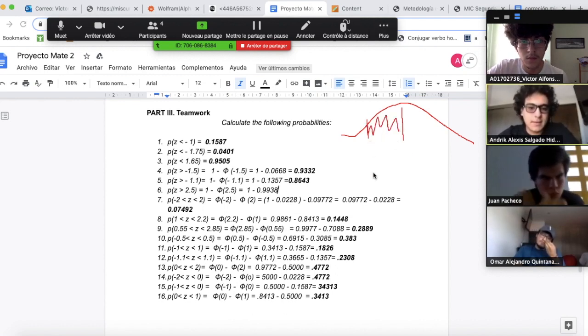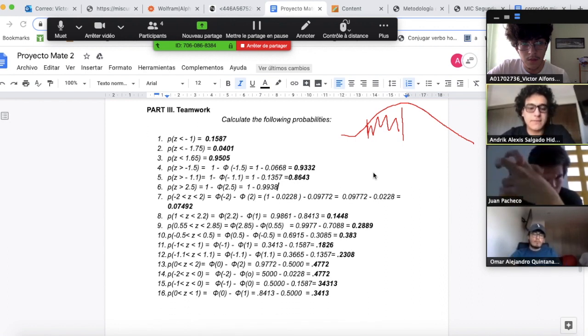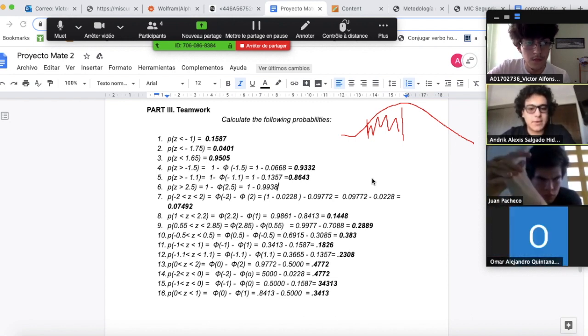And this is just the calculation of P(Z < -1): you just look for the Z value of -1 in the table, and that is the answer. And it works for all of the values that are less than.